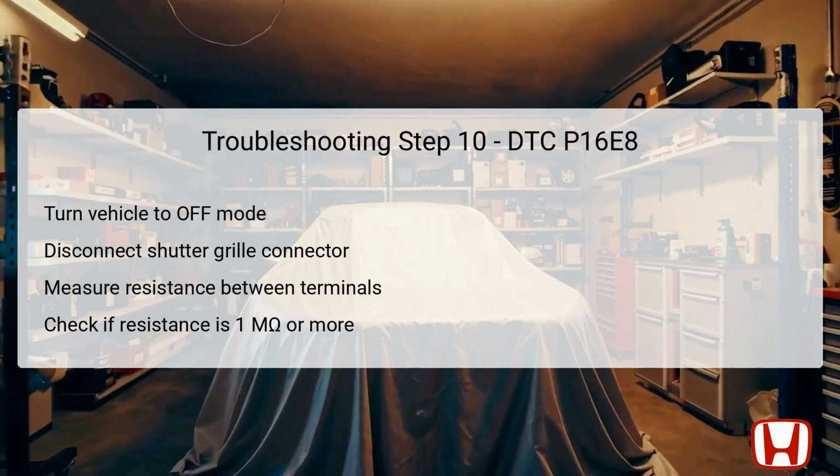Ensuring that resistance measures 1 megaohm or more confirms the integrity of the circuit. If this value is validated, it leads to Step 12 in the troubleshooting progression, while a failure in this threshold prompts further investigation in Step 11, assessing for possible shorted wires in the LIN communication network.